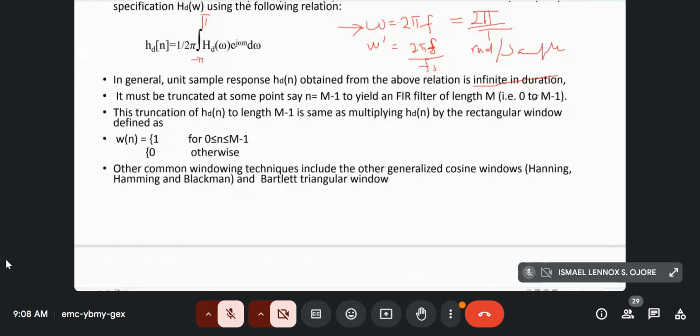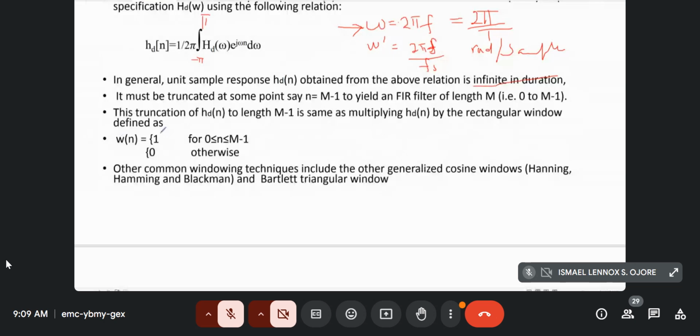Once you truncate it, you have to shift it to the right so that it's also causal. The truncation of h_d(n) is the same as multiplying h_d(n) by the rectangular window. We are going to see that we can use different windows, but we will start with a simple example of the rectangular window.